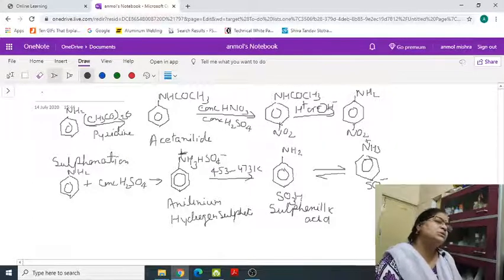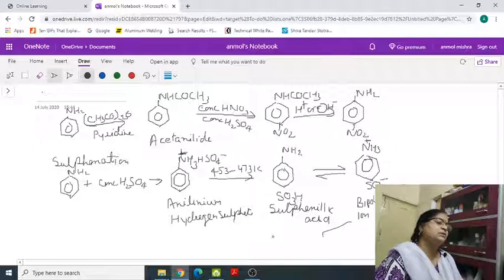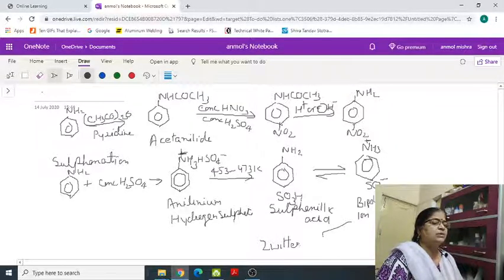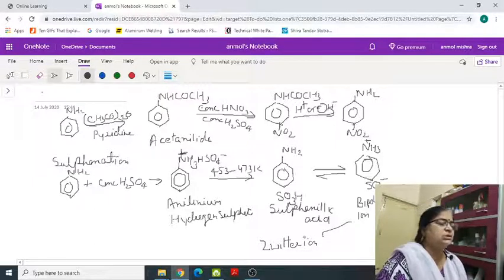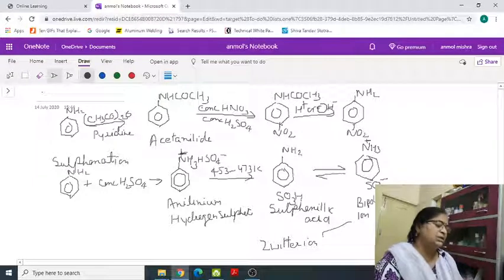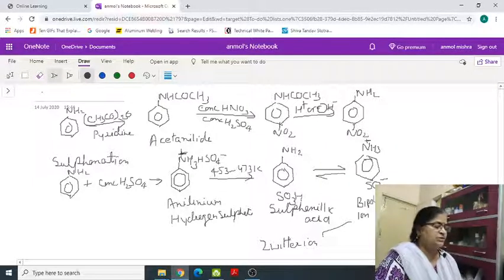So this sulfanilic acid behaves as a bipolar ion, also called a zwitter ion. It behaves as an internal salt because both acidic and basic groups are present.